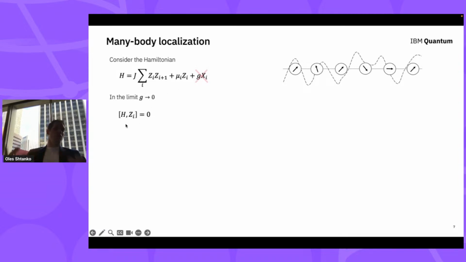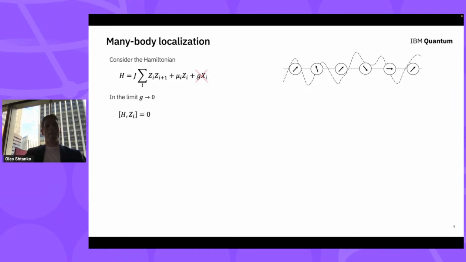Because they commute with the Hamiltonian, if you remember the definition we made a few slides ago, they are integrals of motion, and they are also local because they act on just a single qubit. So in a sense, this system is, by definition, integrable, right? So far it's so easy, right?